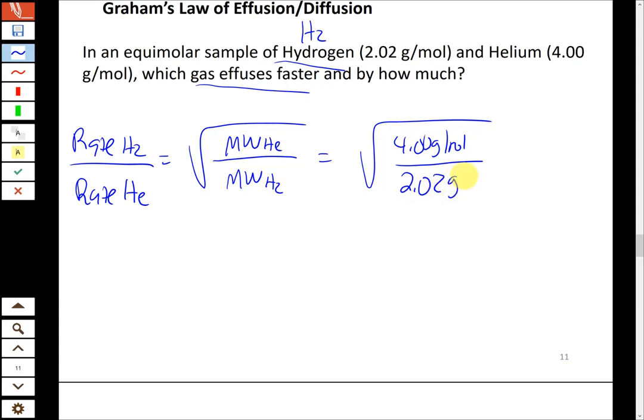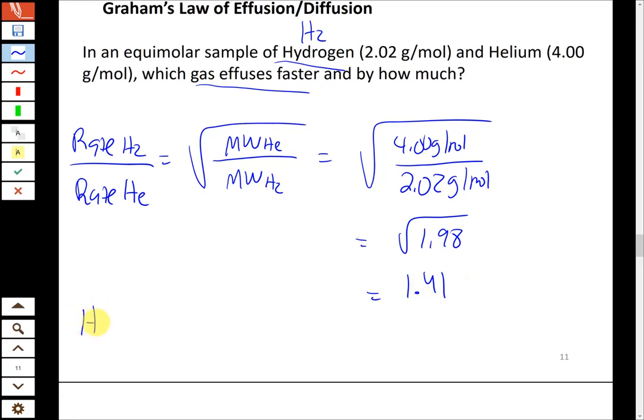That's 2 times the atomic mass of hydrogen. So what that comes out to then is the square root of 1.98, which is 1.41. So the ratio of hydrogen to helium is 1.41, the rate of effusion for those two. And so that means hydrogen is effusing faster than helium by a factor of 1.41.